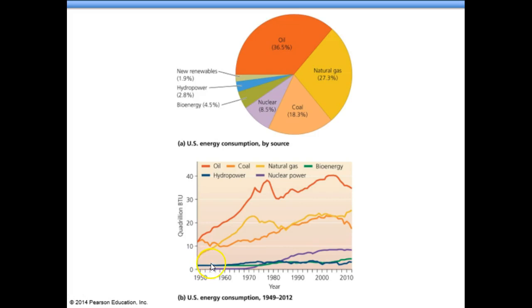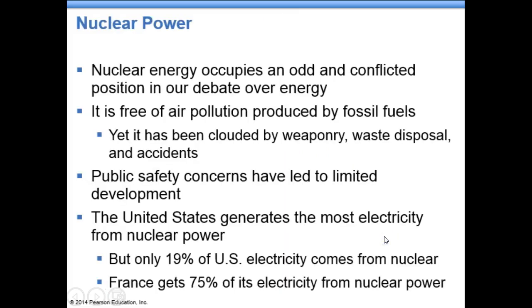So here are our alternatives, our bioenergy, our hydropower, and our nuclear power, and that's staying really low, where our oil, our coal, and our natural gas are at the highest. So both graphs show that we really rely on fossil fuels.